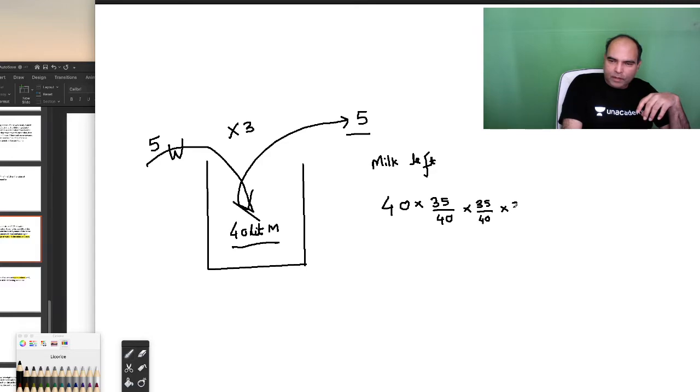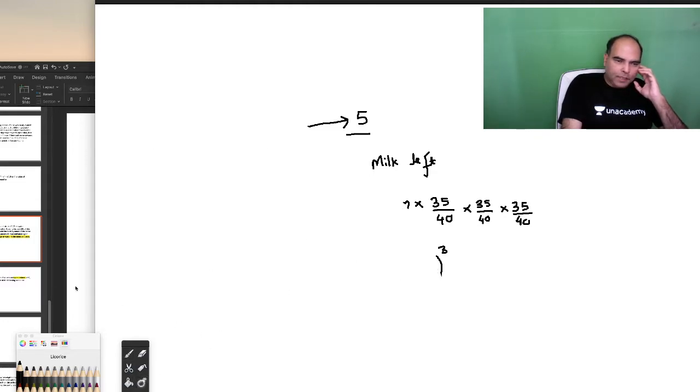So effectively, how much milk is going to be left in this mixture will be straight away done by 40 into 7 by 8 cube. Because when you are taking out 5 liters out of 40, you are taking out 1/8, so you are leaving behind 7 by 8. So this is the logic of this question.